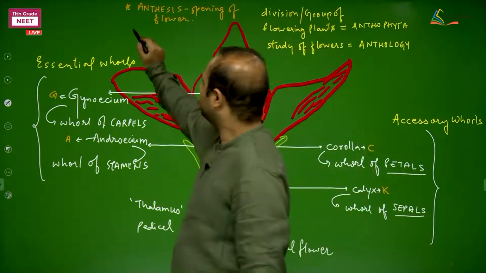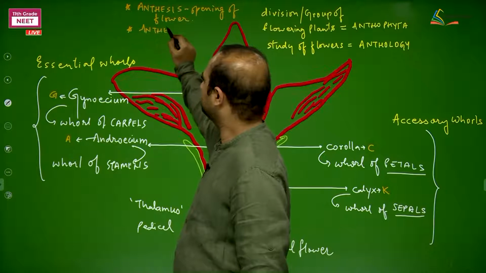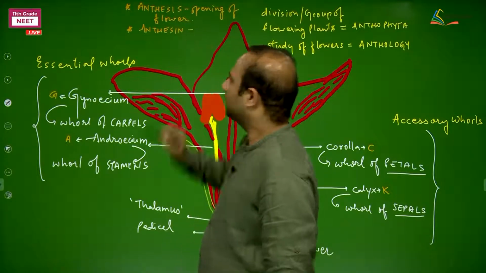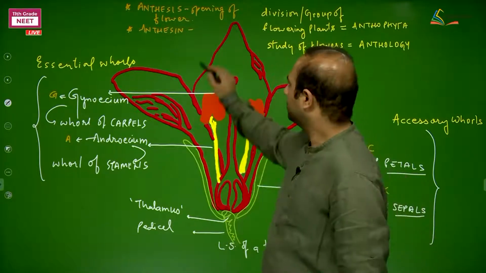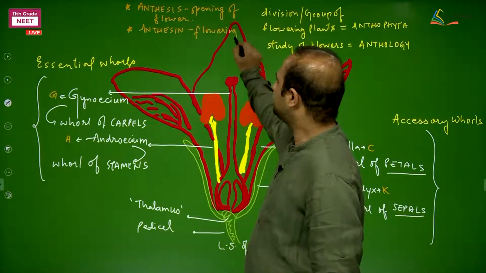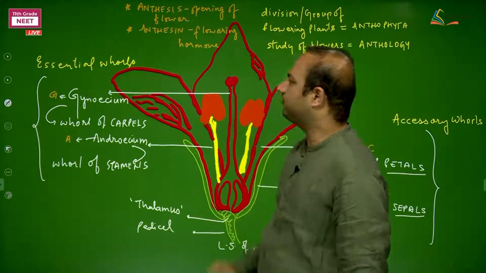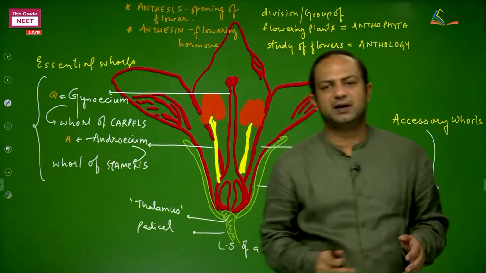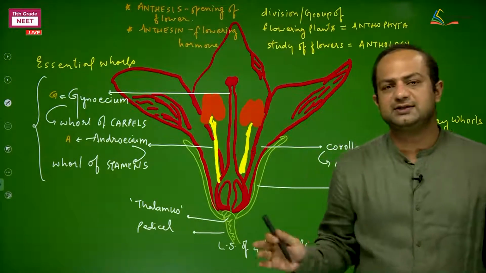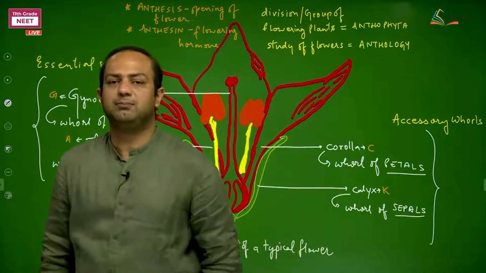And one is called anthezin, which is the flowering hormone. So everything related to the word antho is here. Don't get confused about these if you are doing practice questions or reading other textbooks. Those words are mentioned here so you know what they actually mean.